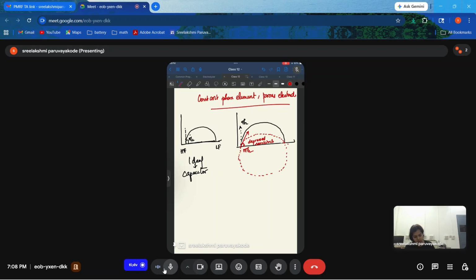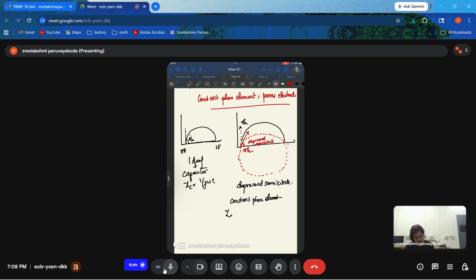So in the case where you are modeling it with an ideal capacitor, you will get impedance as 1 by j omega C. So here, this depressed semicircle, which we are modeling, we can say it is a constant phase element.